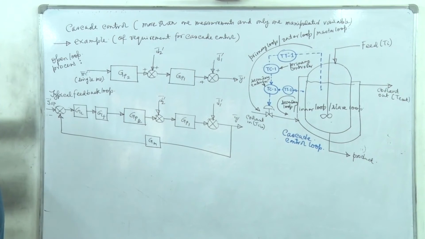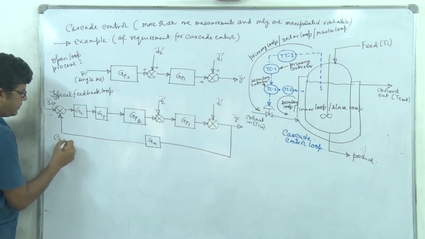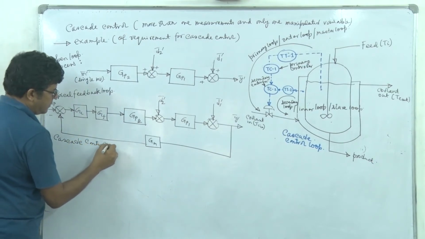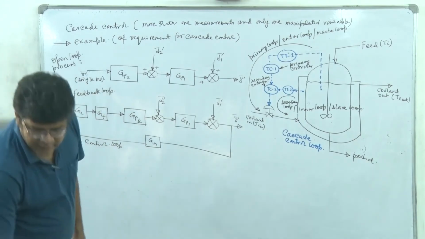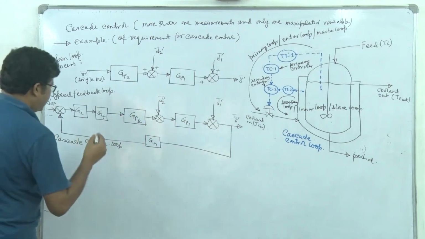And what change are we going to make in the cascade control? So let's see. The cascade control loop will be like this.